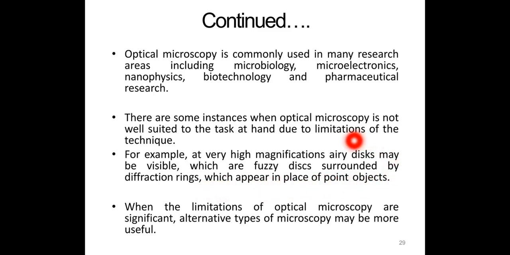In some cases, if we look at the object, some rings may appear around it, that is diffraction rings along with the object, and that is a limitation. When the limitations of optical microscopy are significant, alternative types of microscopy may be more useful. We can go for another type of microscope in some cases.